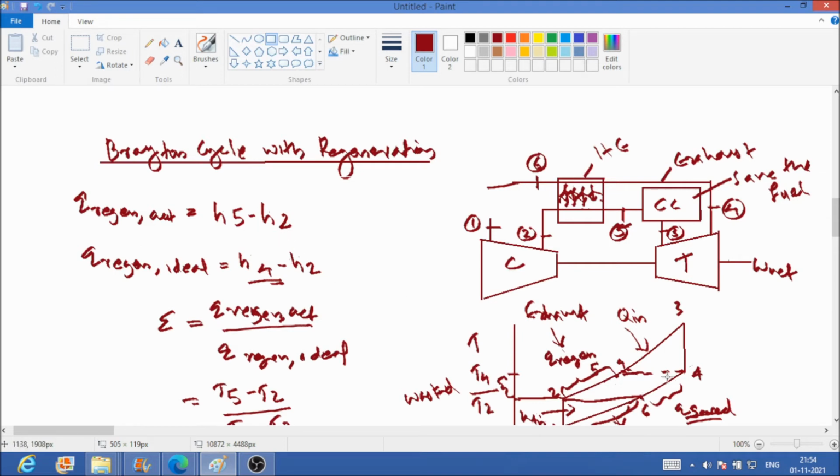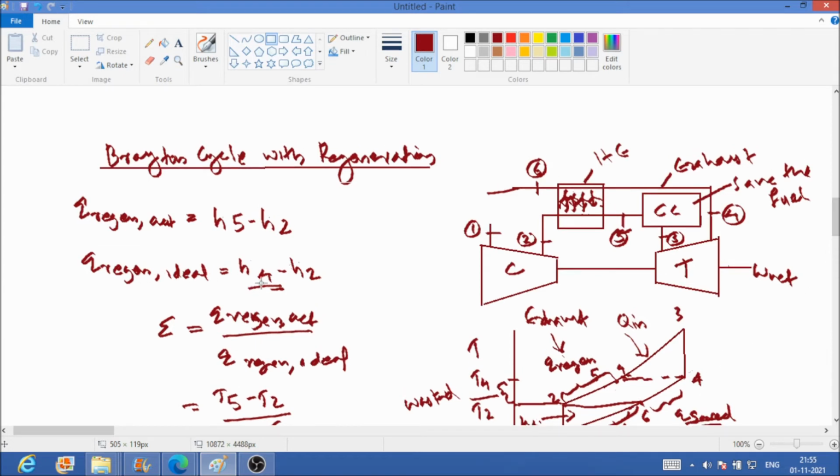But you see, if the effectiveness of this heat exchanger is very high, that is exactly 1, then the air that is coming out of this compressor will be heated till T6 also. Using such a high effectiveness heat exchanger should justify the Q saved. The price tag for this heat exchanger should not be more than this heat saved.